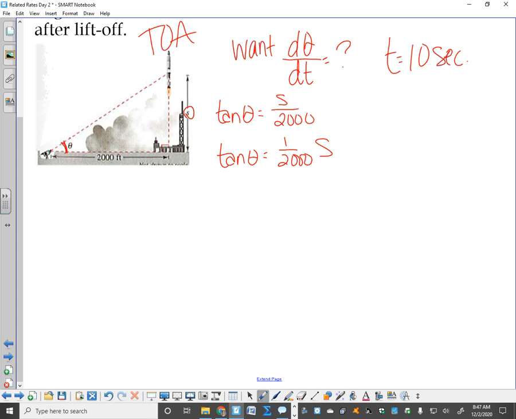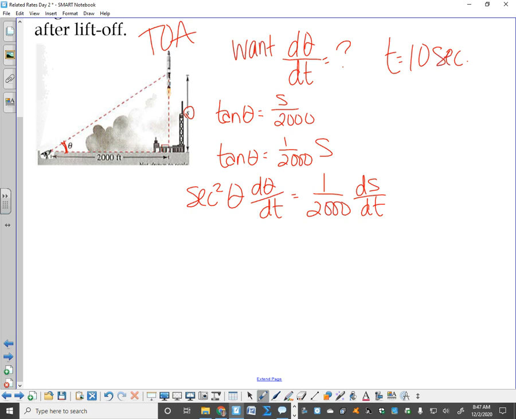Derivative of tangent is secant squared, and then I have to take the derivative of the inside, which is theta, with respect to time, so that's implicit. Derivative of the right-hand side is just going to be the 1 over 2,000, and again, implicit.